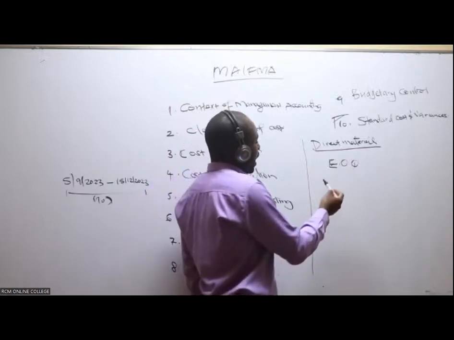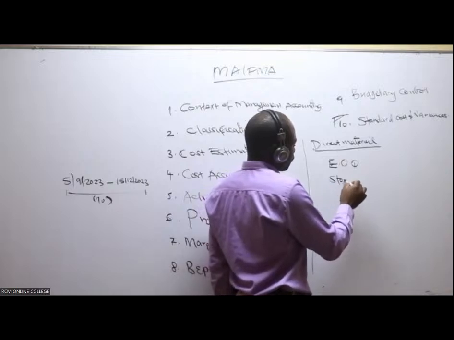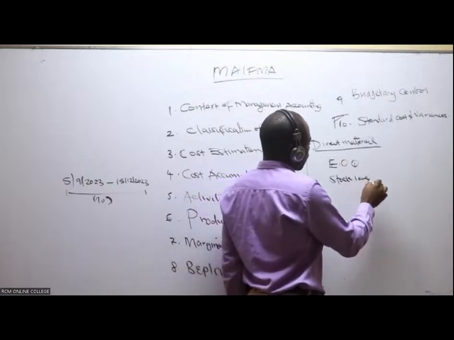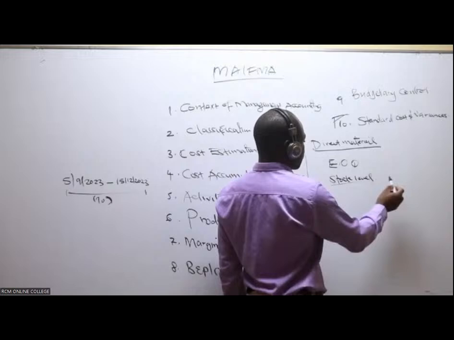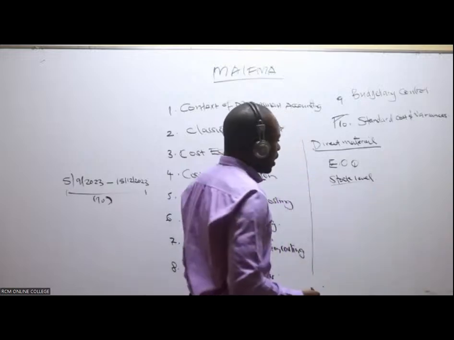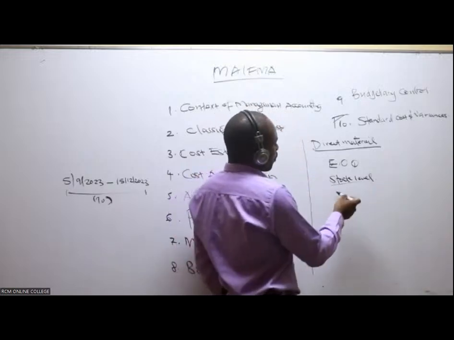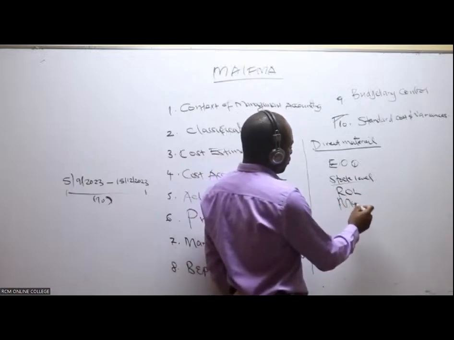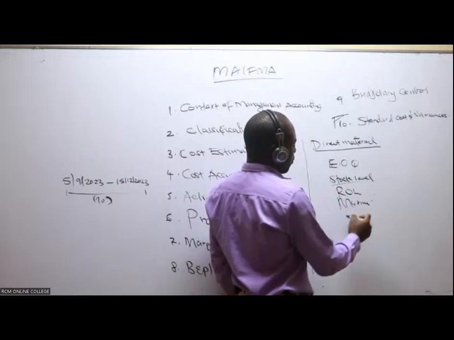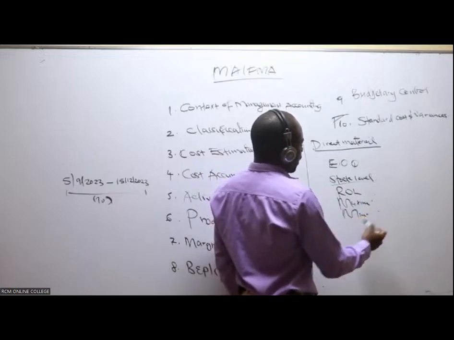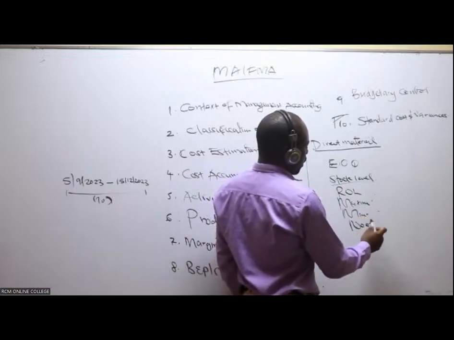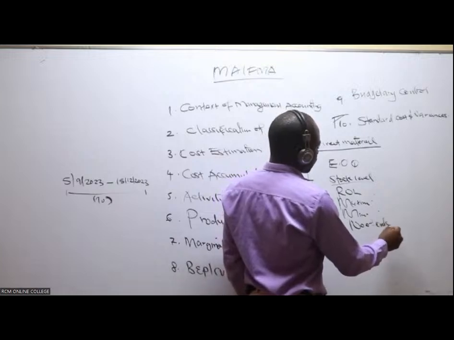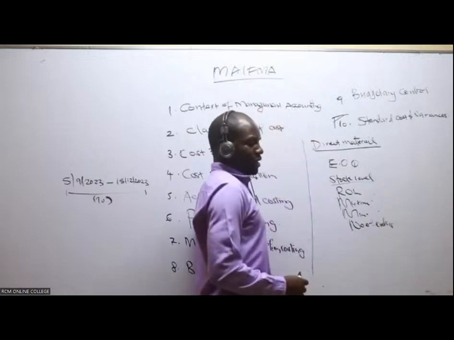Under inventory, I need to know the stock level management. I need to have reorder level, maximum order level, minimum order level, and then number of orders. I need to understand that.